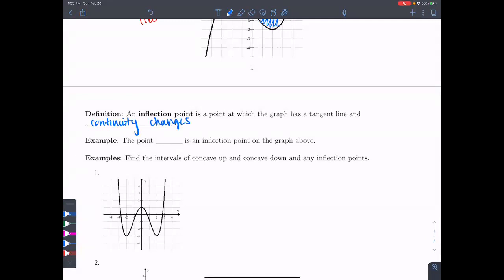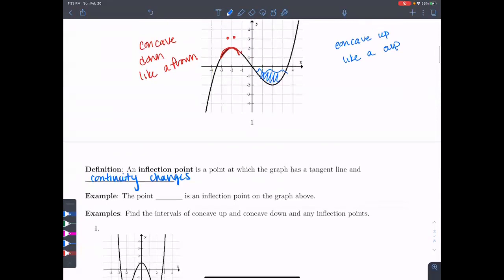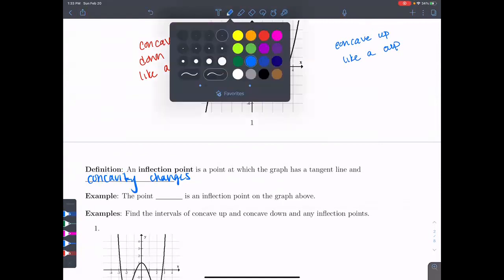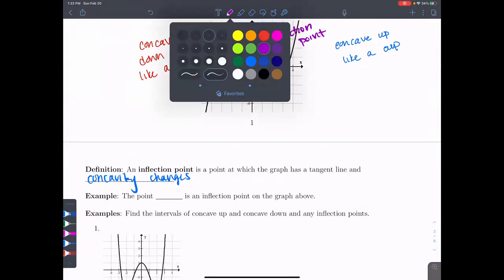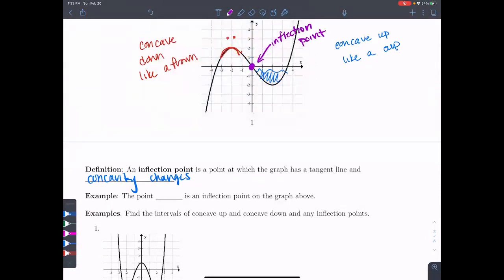So in this graph above, this word is concavity. On this one, let's use purple. The concavity actually changes right here. This is an inflection point. It switches from being concave down like a frown to being concave up right there. So that point is an inflection point on that graph.